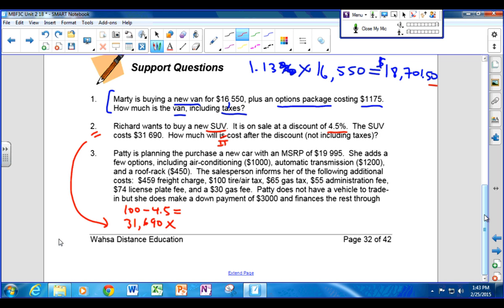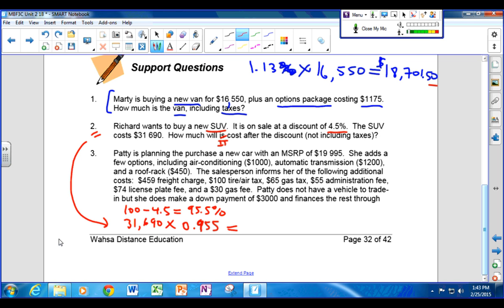Now we take 95.5 and turn that into a decimal by dividing by 100, 0.955, because this is 10 or more. That's how we get the decimal rate.